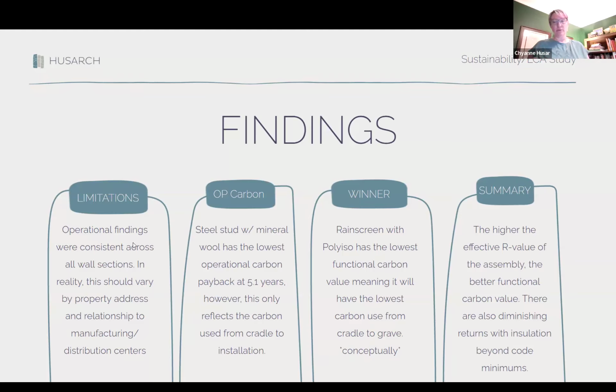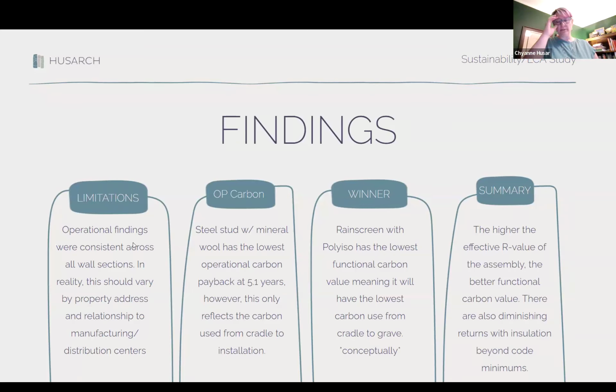And after digging into our results a little bit, the way that we started to understand this was that the higher the effective R value of the assembly, the better the functional carbon would be. So this is why our codes are increasing the R value of our walls. But we do want to acknowledge that there is a diminishing return on this, that you can only make that R value so great before the operational carbon doesn't offset the additional creation carbon or manufacturing process.